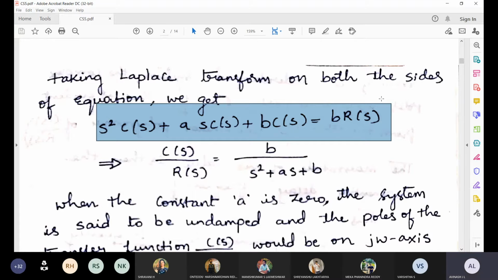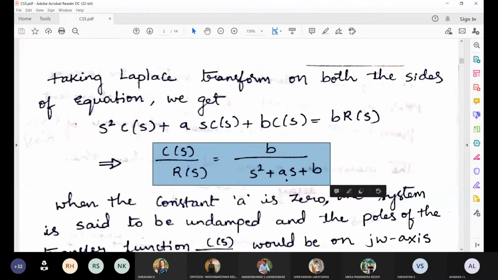So now from this equation, you take C of s on one side and R of s on the other side, and you will get C of s divided by R of s is equal to b divided by s square plus a s plus b. So now it is second order because the greatest power of s is s square.